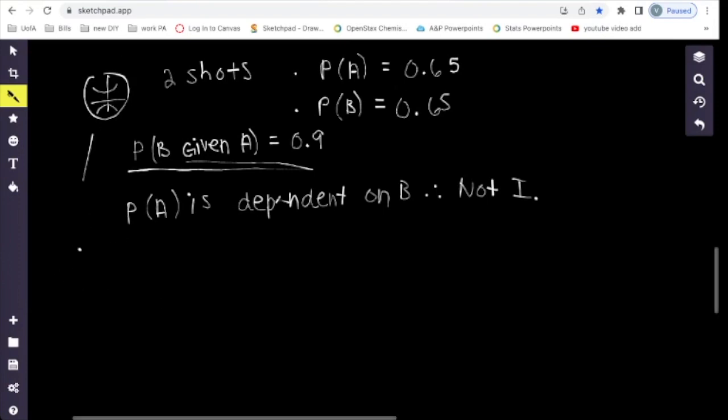Okay, so let's go over this. For the probability of A and B occurring, we have the probability of B given A occurs, which is what this sign means, is equal to 0.9.